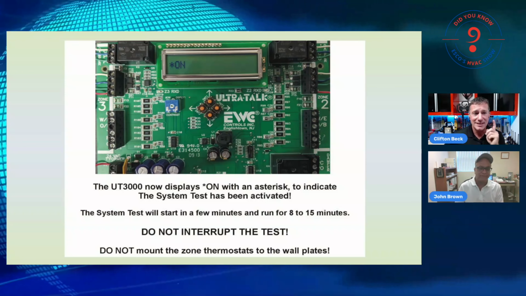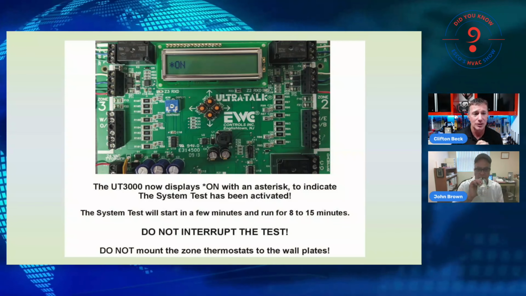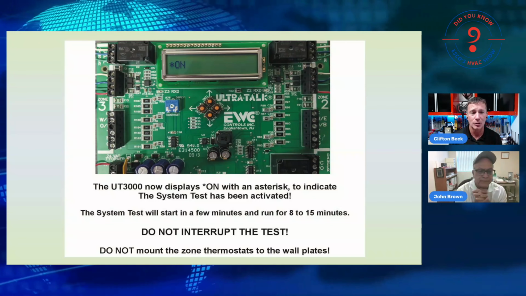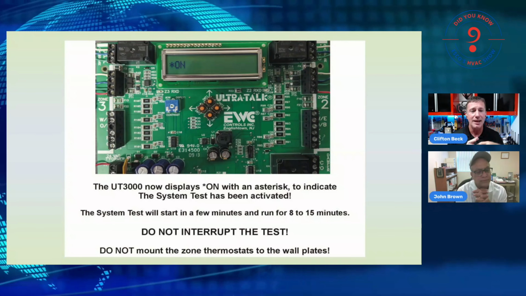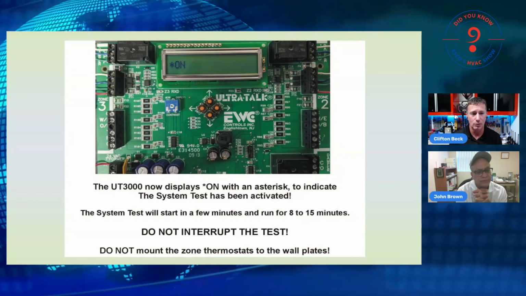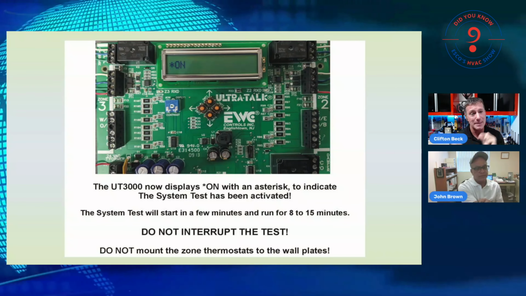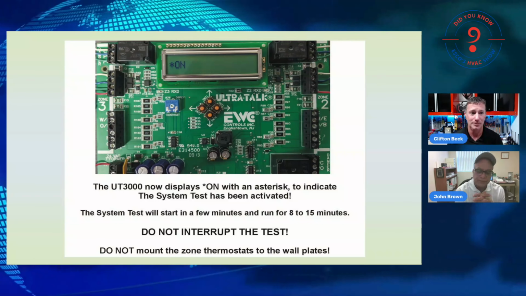John, one thing that I have encountered in this process, and I would like to validate it: if a system is going through a system verification test, a run test, and it takes longer, say 30, 45 minutes, is that a good indicator that if we were to step back and check our bias voltages, they are probably going to be low?